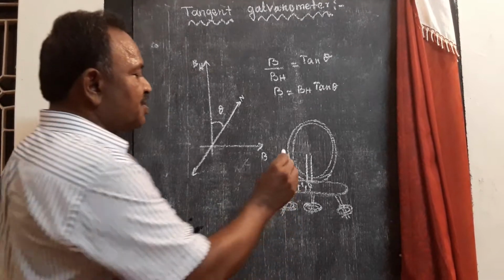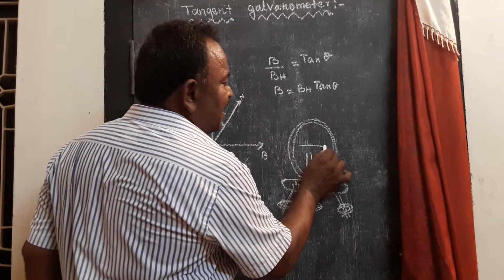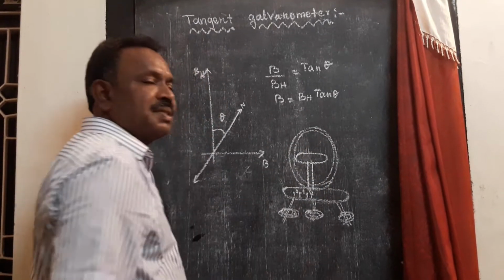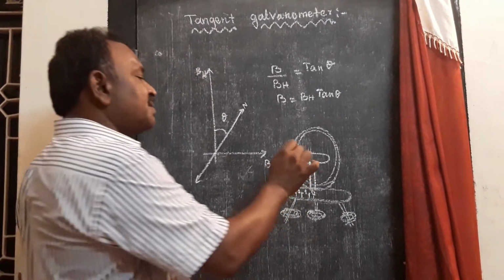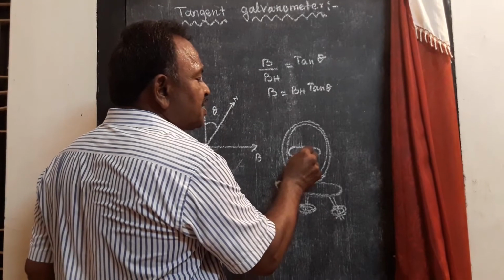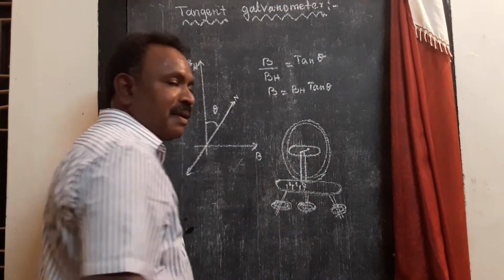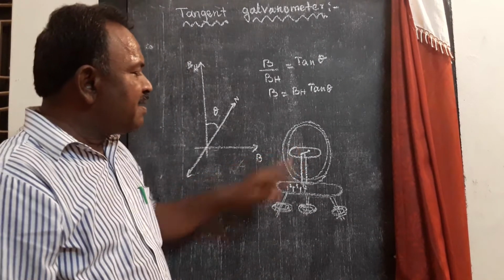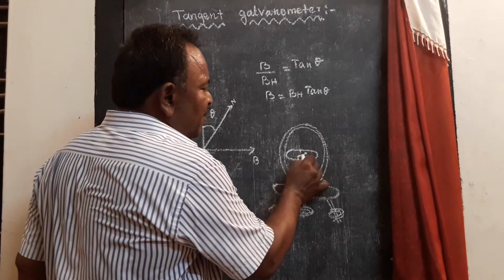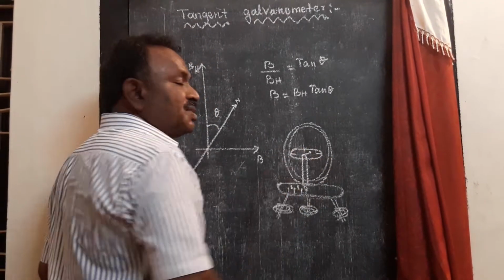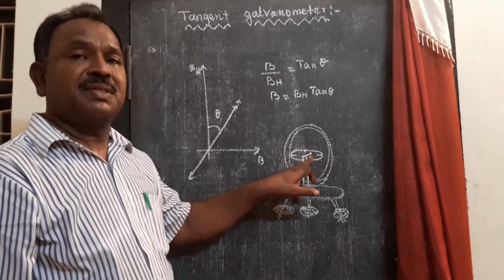This upright projection carries a magnetic compass. At the center of the magnetic compass, we are having a magnetic needle, a pivoted magnetic needle. This pivoted magnetic needle moves over a graduated scale. The scale is divided into 4 quadrants.